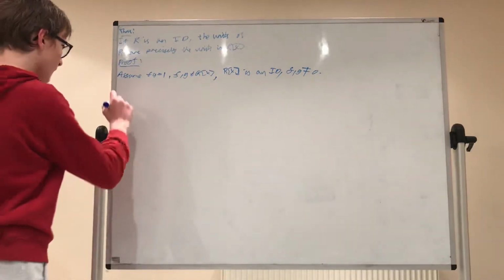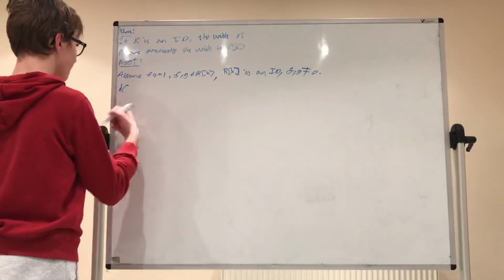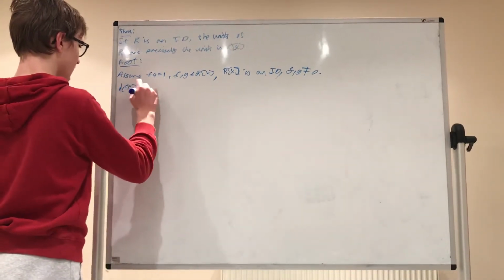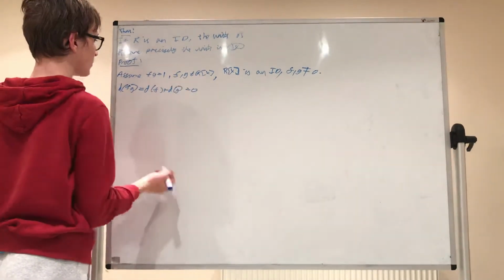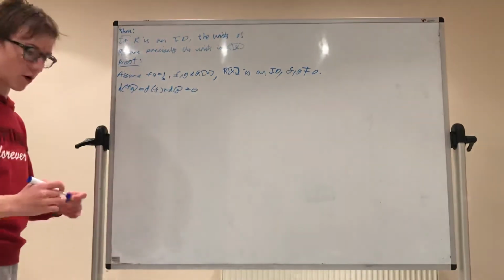Now, the degree of fg is equal to the degree of f plus the degree of g, which is equal to 0, because the degree of this is just going to be 0.